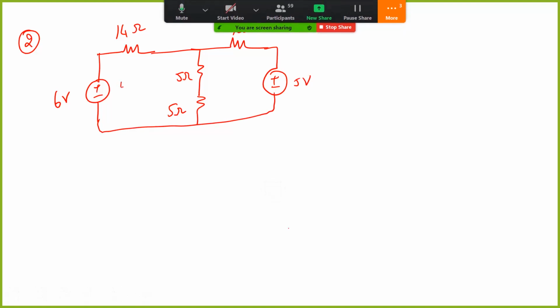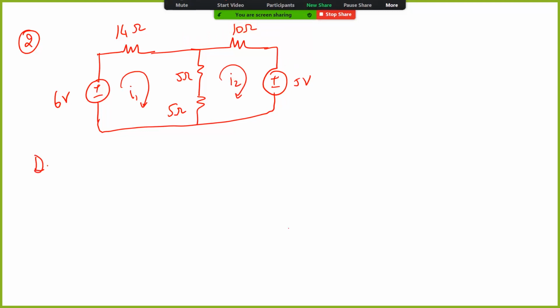So this is going to be I1, this is going to be I2. The question is determine I1 and I2.